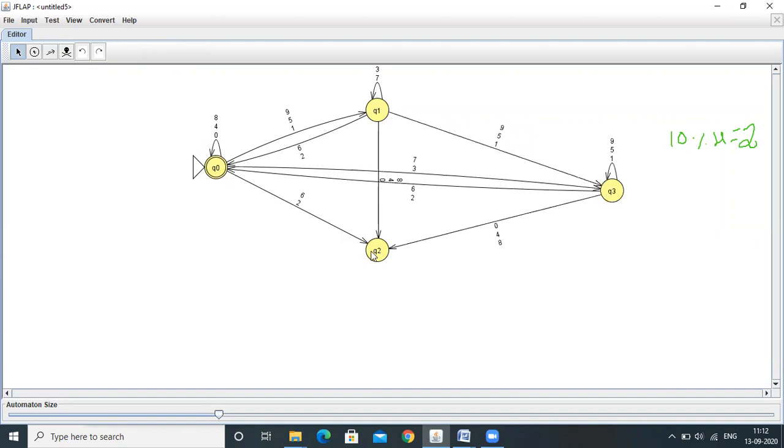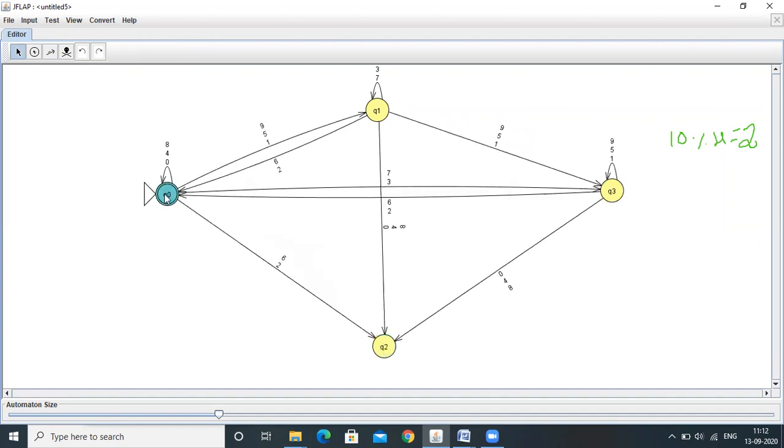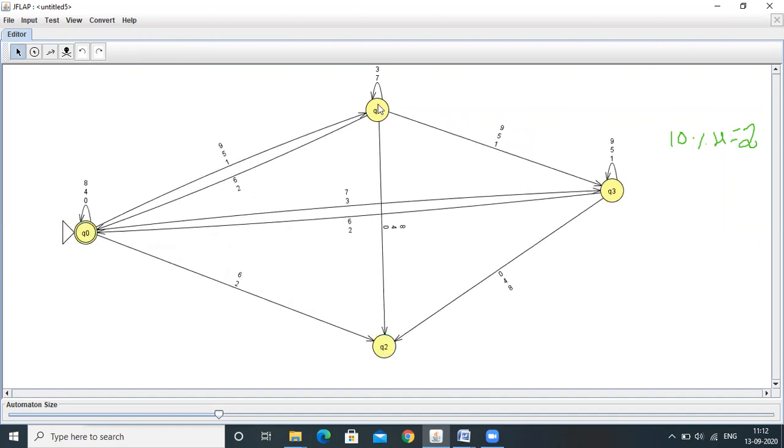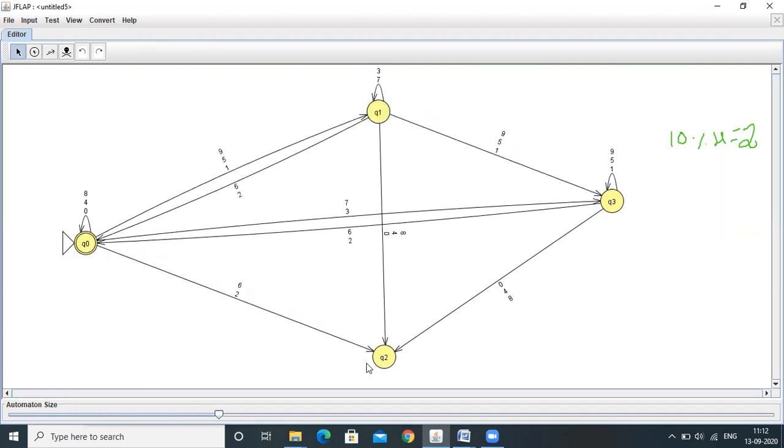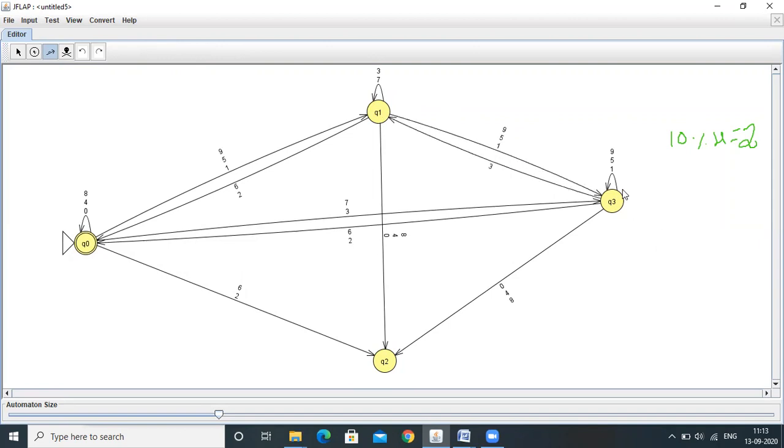We will enlarge this diagram for clear understanding. Q3 on 3 goes to Q1 state. Q3 on 7 also goes to Q1 state.